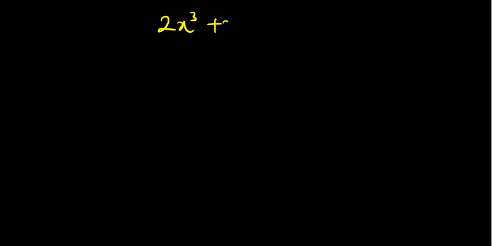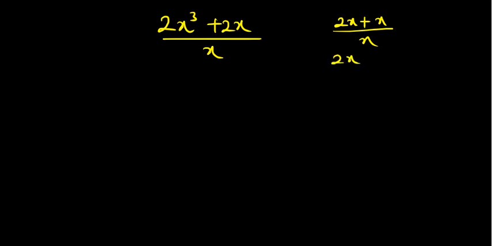plus 2x over x. So if you have a question like this, there's a rule. Whenever you have something like this, you can use the x here to cut the x on the other side. Assuming you have 2x plus x over x, you can write it like this: 2x plus x over x.